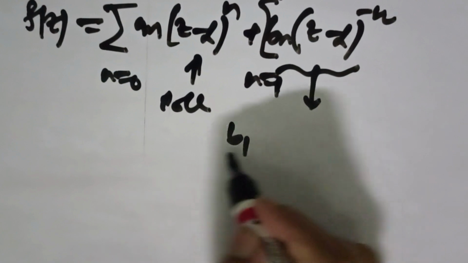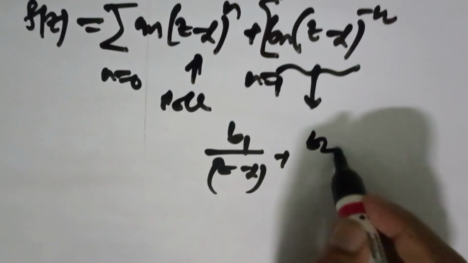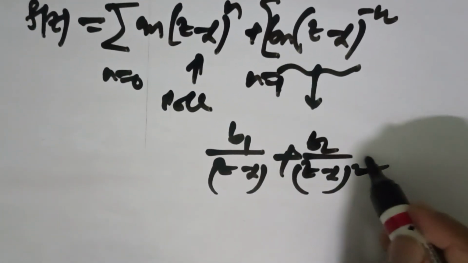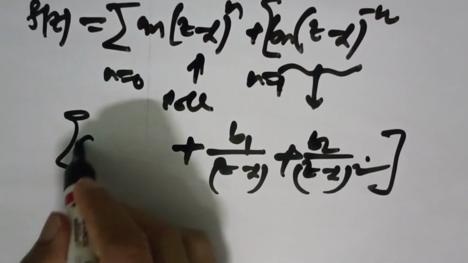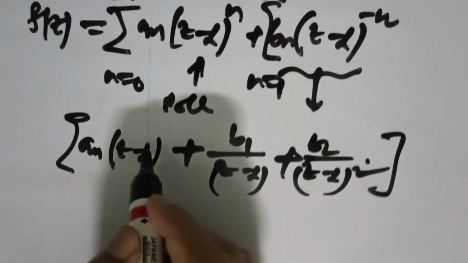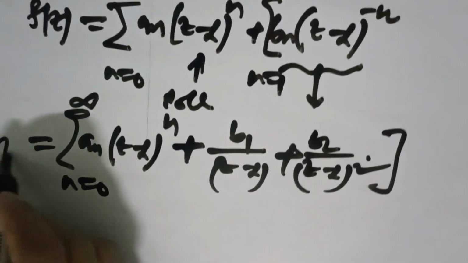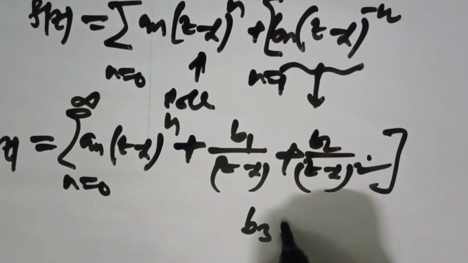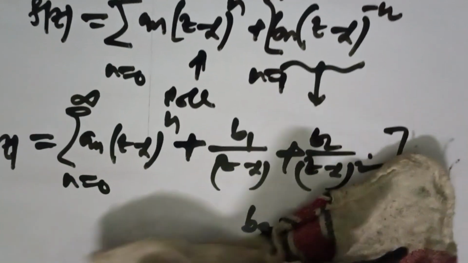Suppose it has b1/(z - alpha), then b2/(z - alpha)^2, and suppose b3 and higher are 0. Then only these terms are left. I am assuming that b_n are 0 for n greater than 2.